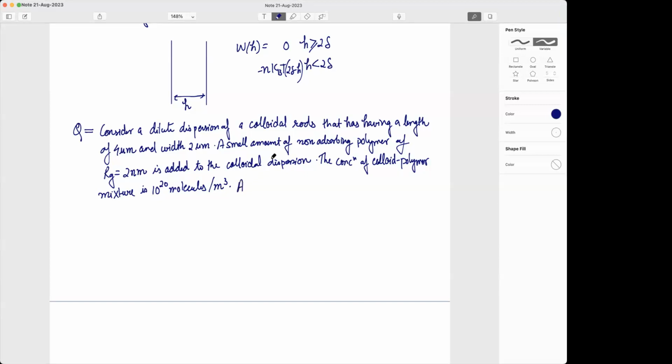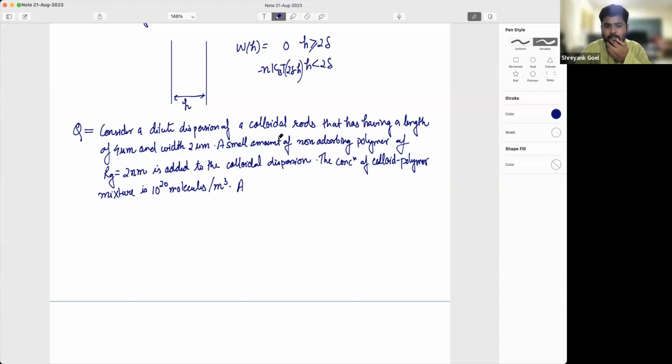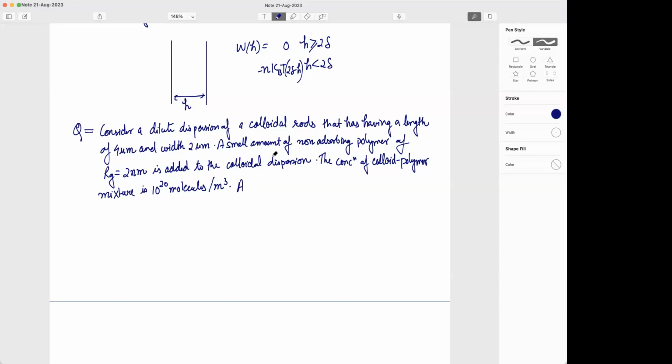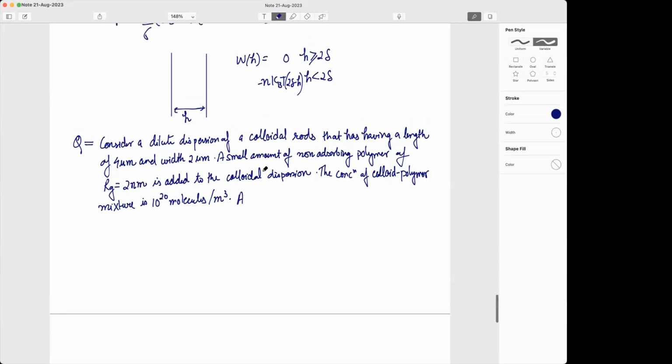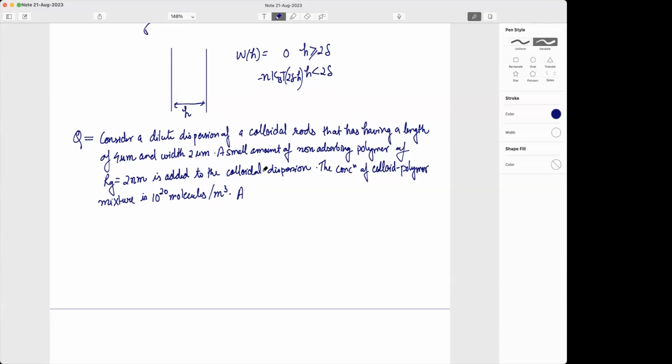Shreyank, I just want to add something. The dimensions of length 4 micrometer and width 2 micrometers are fine. But instead of calling it colloidal rods, you could think of this as a rectangular particle, because this formalism is typically valid for cases where you have flat surfaces.